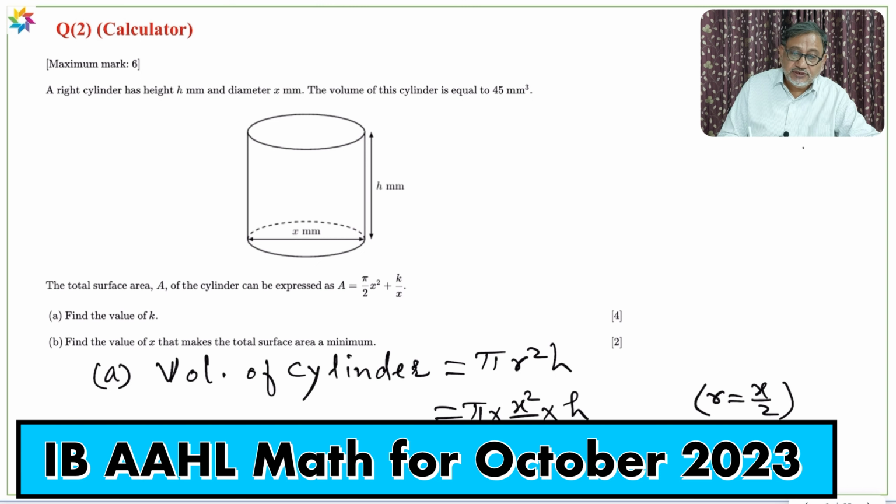Volume of cylinder was 45, already given in the question. So therefore I can write the value of h in terms of x. 45 times 4 will be 180, and pi x square will come in the denominator. I will give it number 1, because I will need it for the second part.